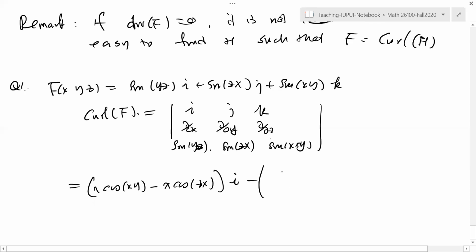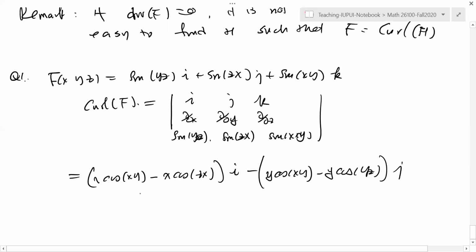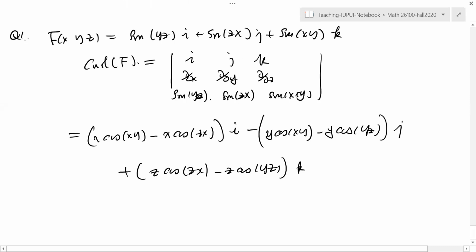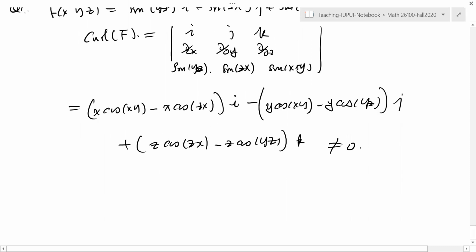Then I look at these two terms: y cosine xy minus y cosine yz. And the last term will be z cosine zx minus z cosine yz. None of them is 0. Clearly, it's not going to be 0. So this is not going to be the gradient of some function.